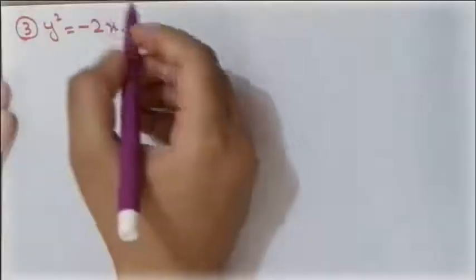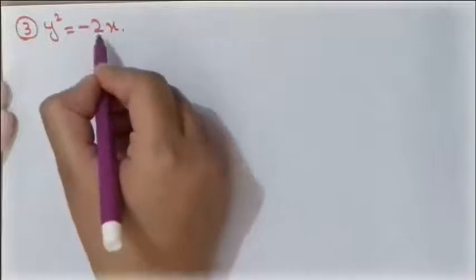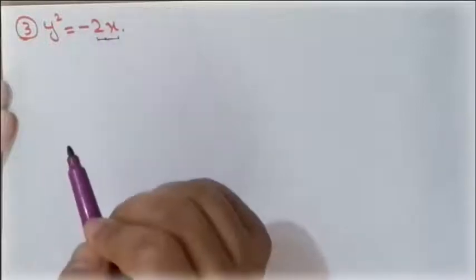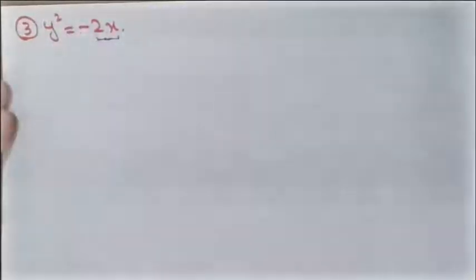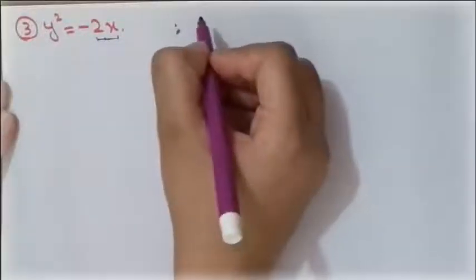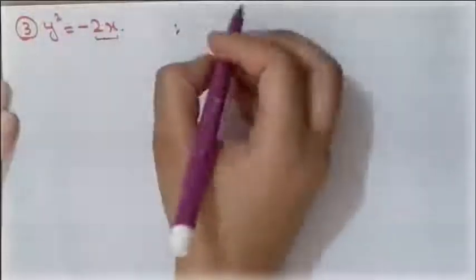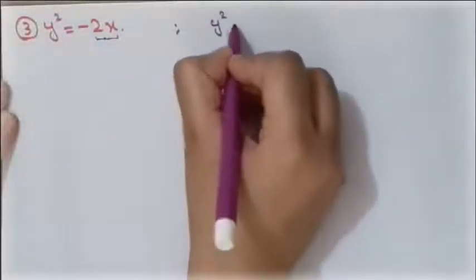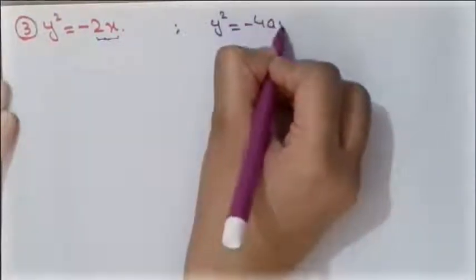In our last example, we have this given equation, and it reveals that the working axis is the x-axis, and this negative sign shows that it opens on the left side. The standard equation of a parabola in this case is y square equals minus 4ax.